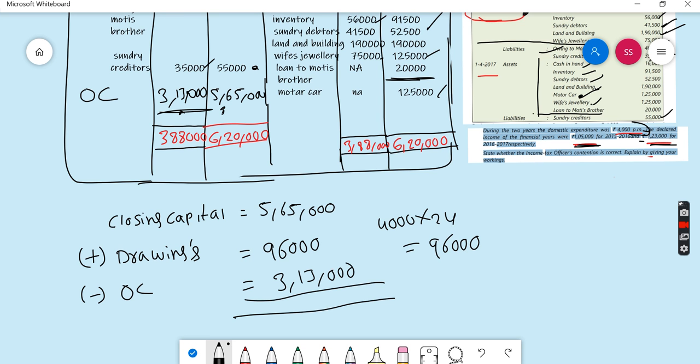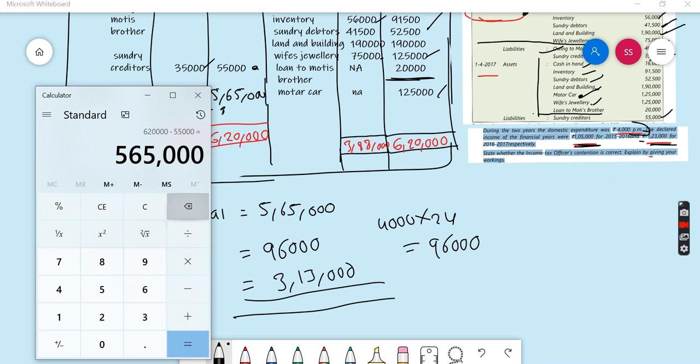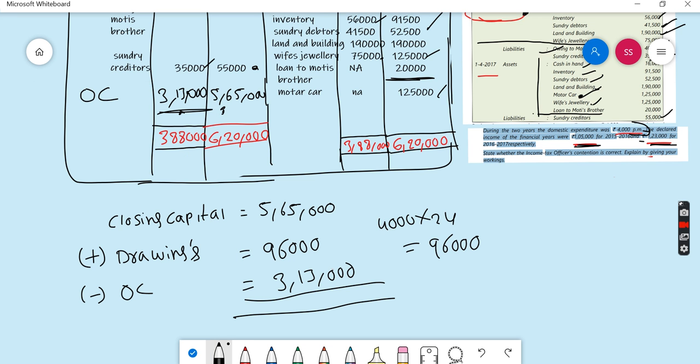So let's find out. 5,65,000 plus 96,000, you will get 6,61,000 minus 3,13,000. So you will get the total profit as 3,48,000.